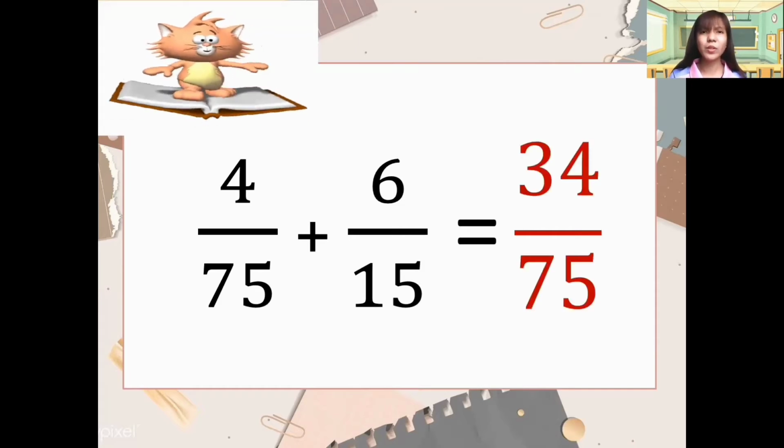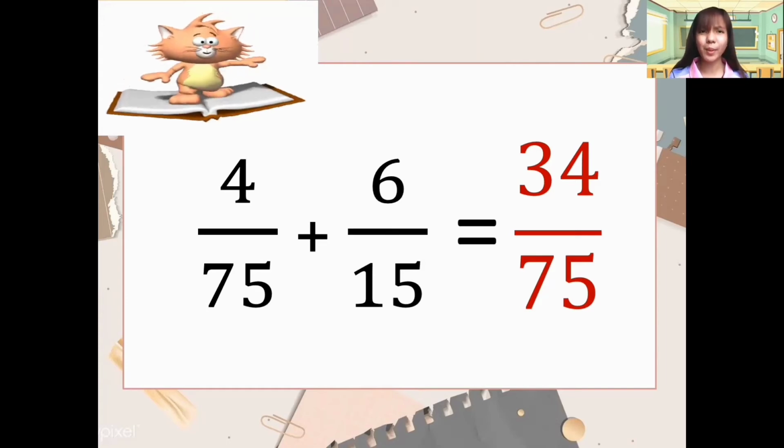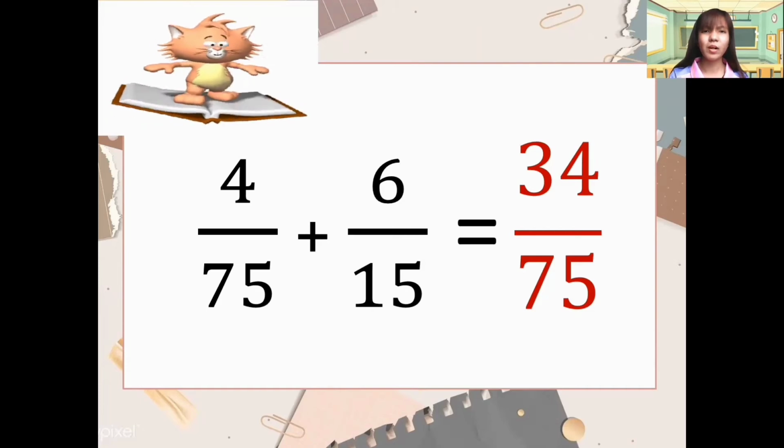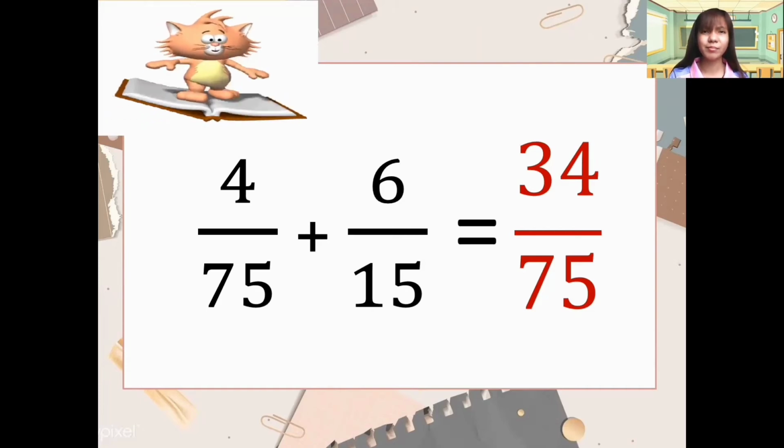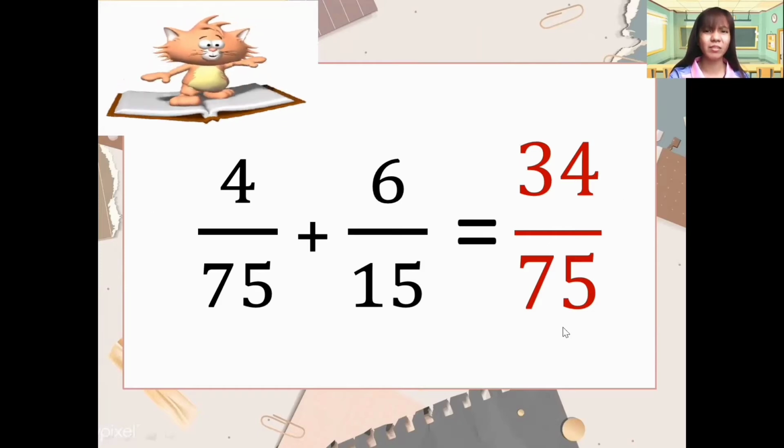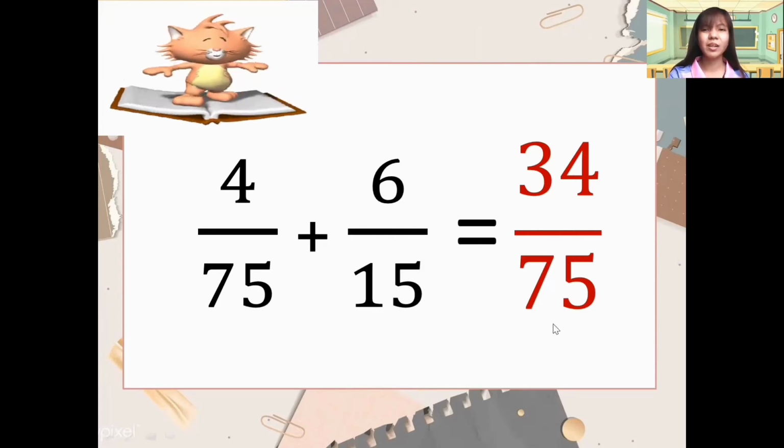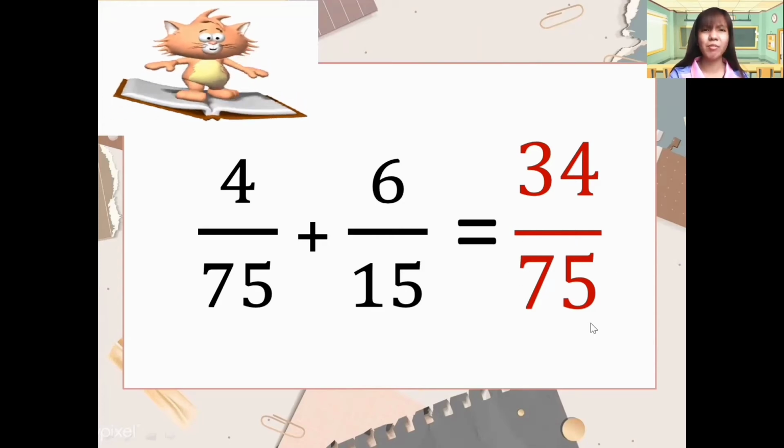Okay, so do you think there is any number that is divisible to 34 and 75? No, they don't have any common factor. This one is divisible by 2 and not this one. 75 is divisible by 5 but not 34.